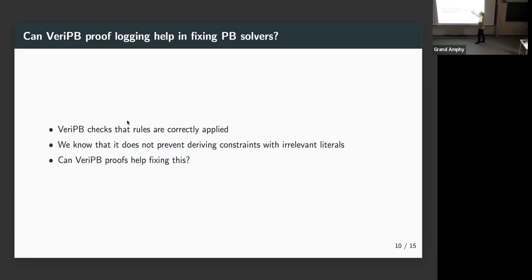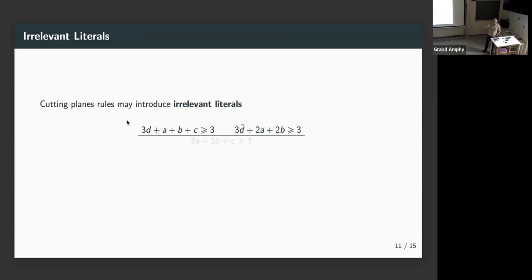Now that we have VeriPB proofs, which are really a statement of whatever the solver generates, can we detect that, and can we find a way to prevent that? So let me recall what we call irrelevant literals.